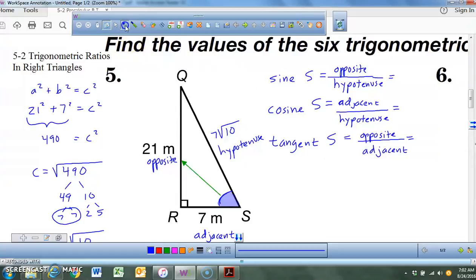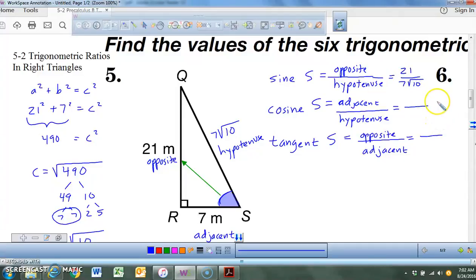So if I were to set this up for each one of these, if we want the opposite side in comparison to the hypotenuse, well the opposite side is 21 and the hypotenuse is 7 radical 10. Now we're going to have to simplify this because you're not allowed to have radicals in the denominator, but we'll worry about that next.